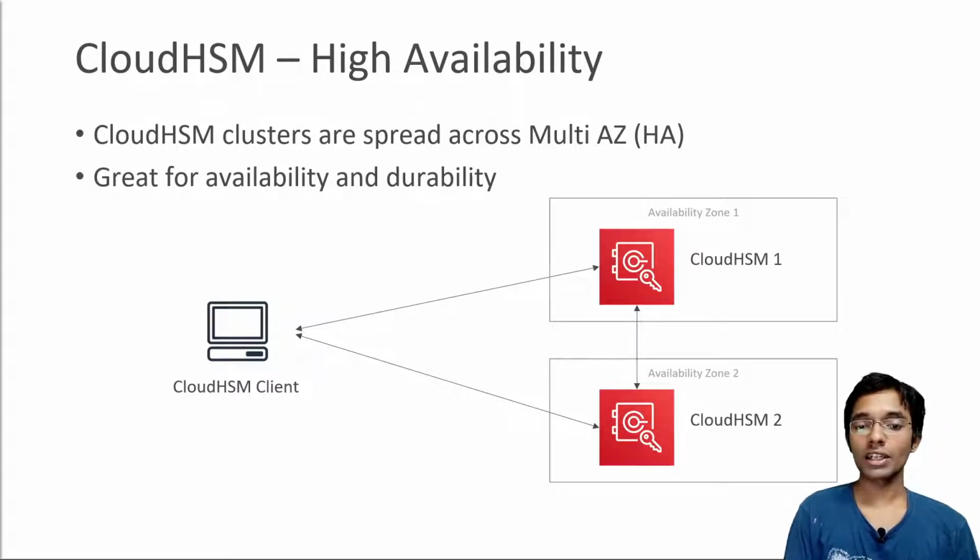If we lose one AZ, we still have access to the second AZ and our data is safe. So it's highly available and durable. It's important to know that it's possible to do this for the exam, and it can be very handy for solution architecture.